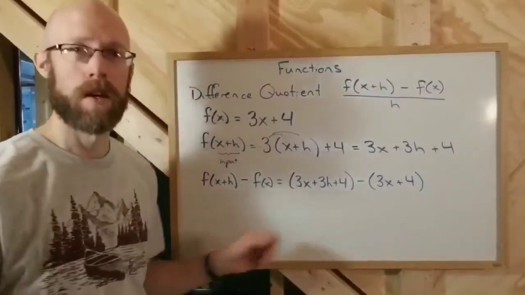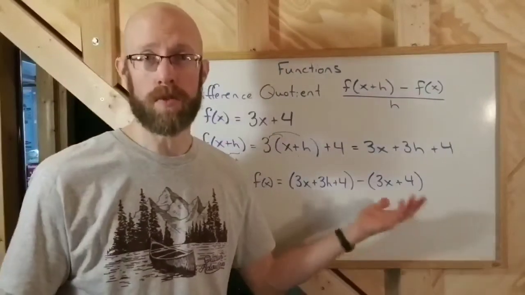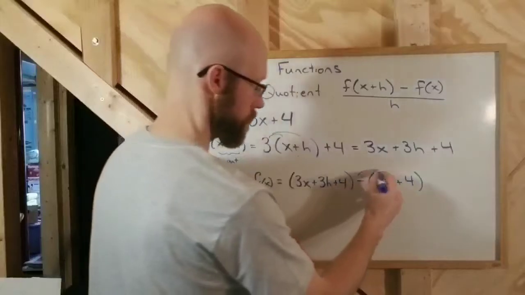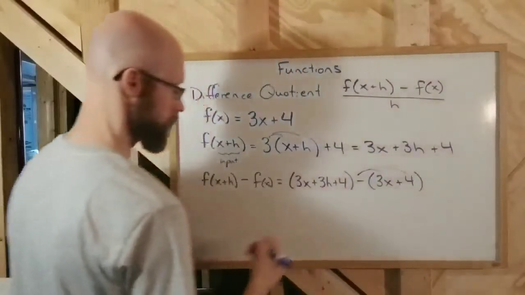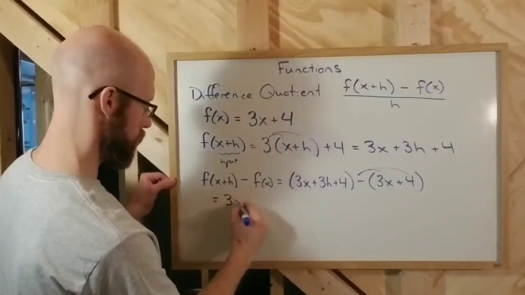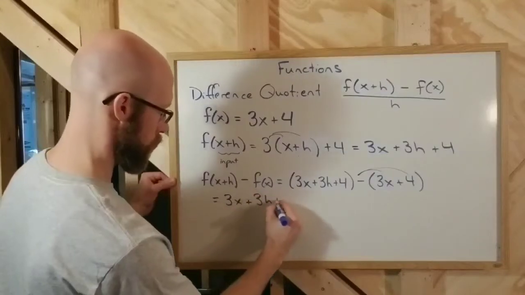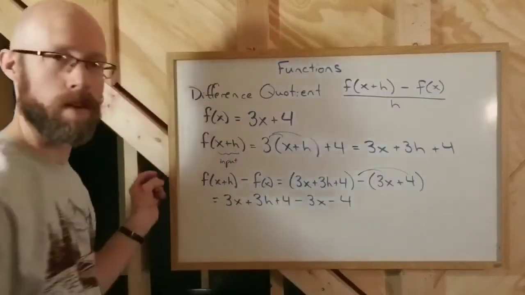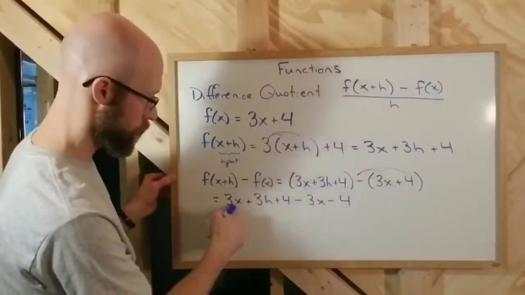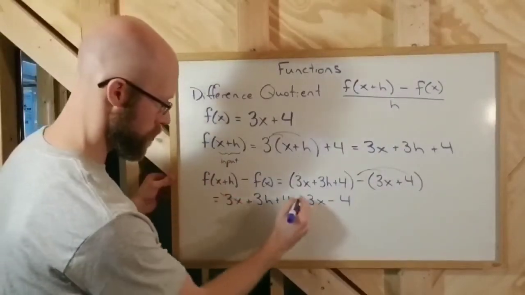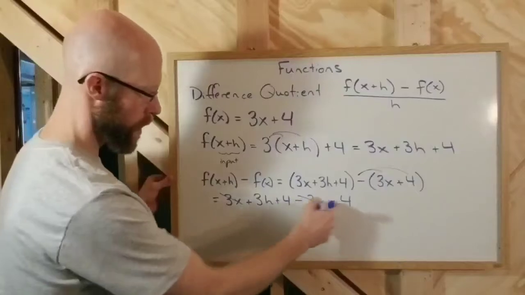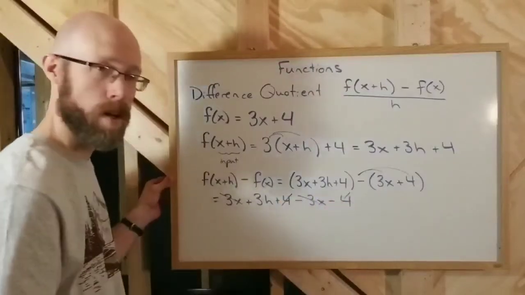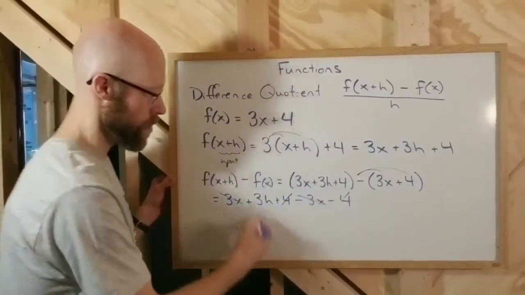Now we just distribute the minus and simplify. So we get 3x plus 3h plus 4 minus 3x minus 4. Combining like terms, I've got a 3x minus 3x, those add up to 0. I've got a 4 minus 4, those add up to 0. So all I actually have left is the 3h.